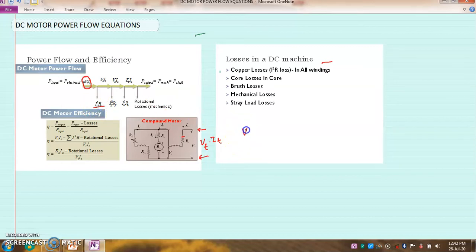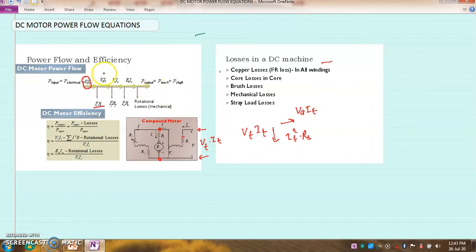So VT multiplied by IT is the power, and from this the power subtracted is IT square into RS. Now the power available from here to here, where the voltage is called VA, the voltage across the armature, will be VA multiplied by IT.